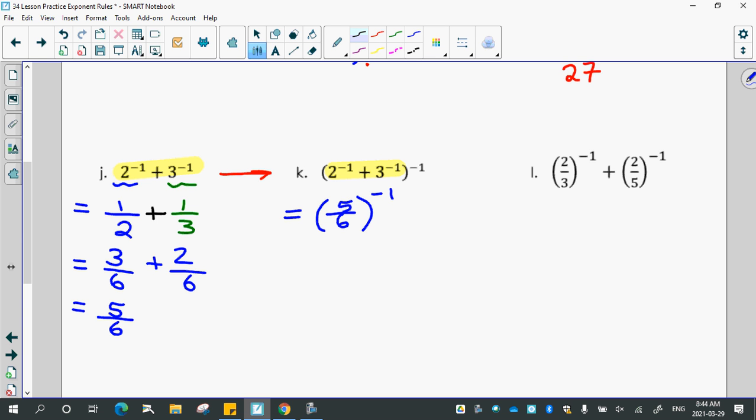And then how do I use a rule to simplify 5 over 6 to the negative 1? Flip them to the positive exponent, which I can just go straight to the answer. I just realized, power of 1 doesn't change anything. So 6 over 5.